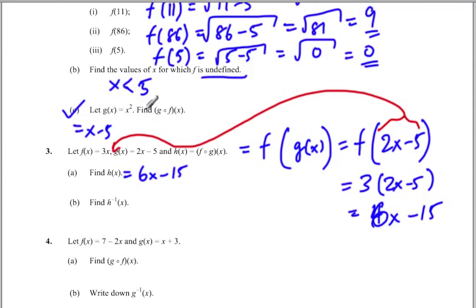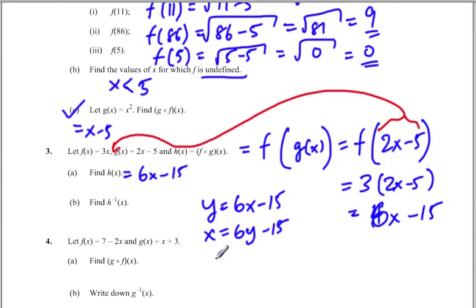Okay, find h inverse of x. You might think this is a little confusing. Do I have to go to f of g of x? No, you don't have to. You've already found h of x, which is 6x minus 15. To find the inverse, all we have to do is switch the x and y, and then solve for y.